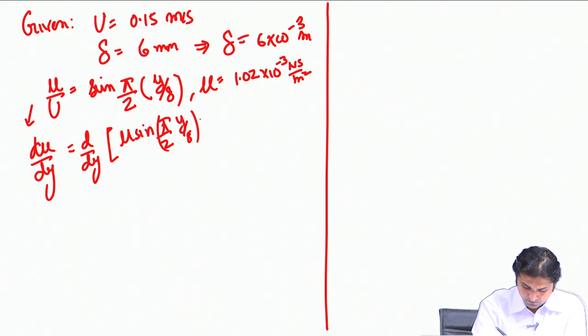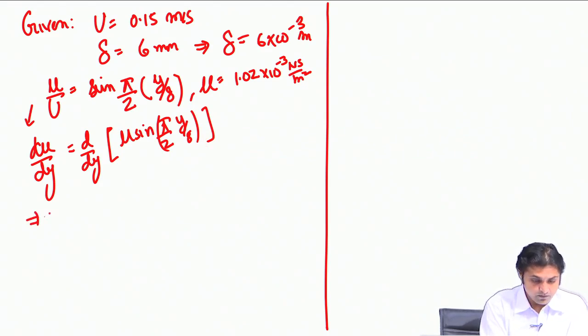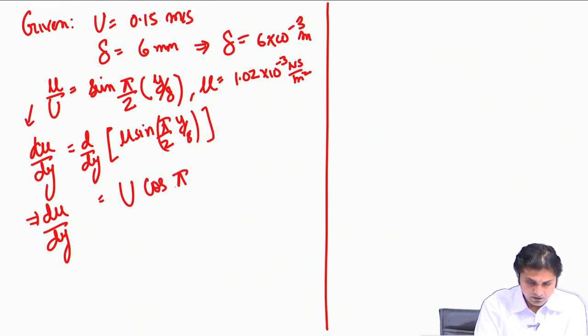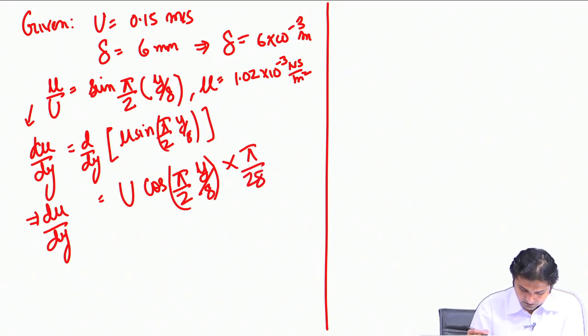Okay. So, this gives us U will come out, cos pi by 2 y by delta into pi by 2 delta. All right.